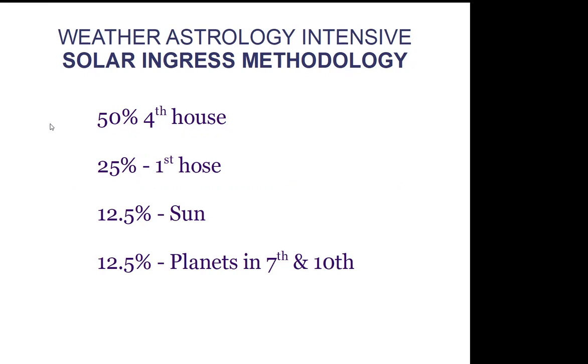Then the planet, which chart it is, like this is a sun planet, it's the solar ingress. So you take a note of what's happening with the sun, and then the last 12.5% is planets in the 7th and the 10th. In other words, the other 2 angles, and it's basic, not as detailed as that first. From all of this, you make a global assessment for the season, because it's the cardinal ingress of each season.